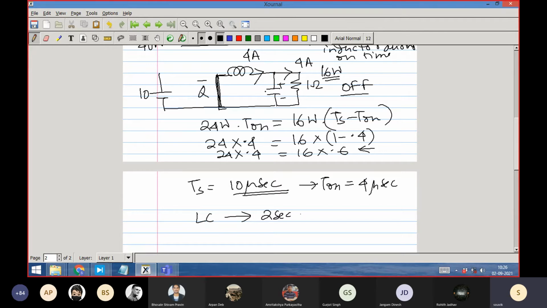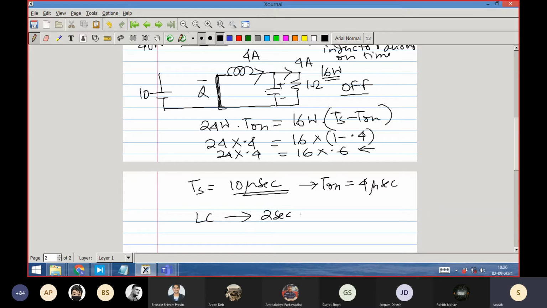Because what you have done, you have effectively supplied the energy, taking it from the input to the output. So nobody has any need to drop. In the process, you have taken the help of the storage element, the inductor. You have taken a little extra energy during the on time, and during the off time, you have given that energy to the load.